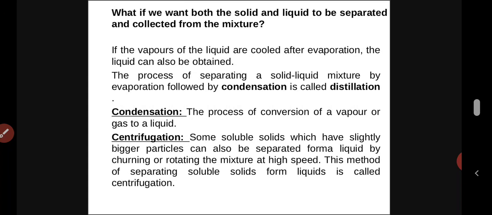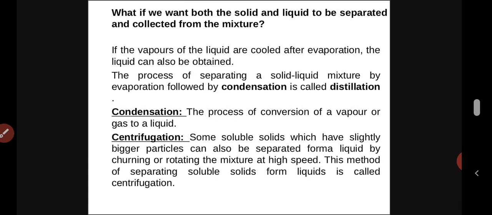In evaporation, only the liquid is converted into vapor. If the vapor gets mixed into the air or goes out, then we cannot do anything.